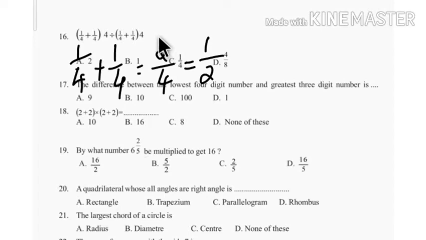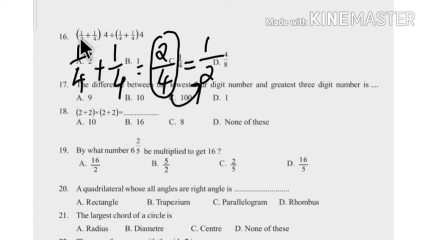To reduce a fraction, just divide the numerator and denominator by a common number. Here we divided both numerator and denominator by 2. 2 by 2 is 1, 4 by 2 is 2.